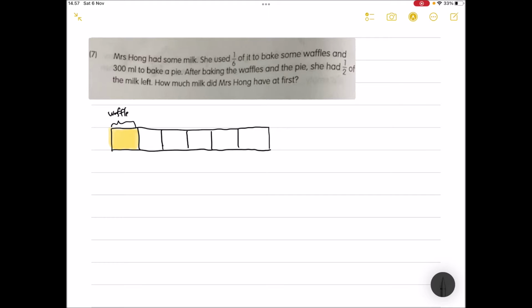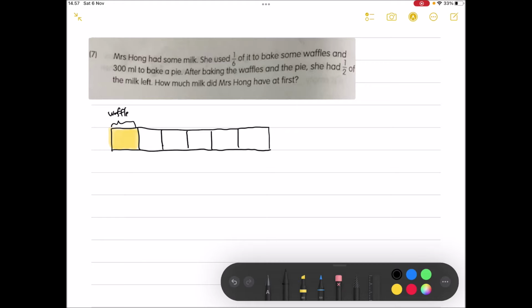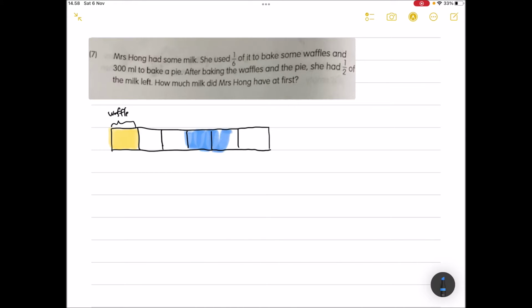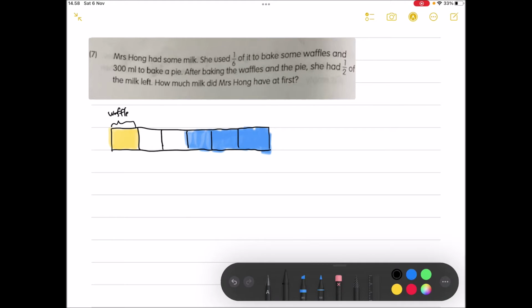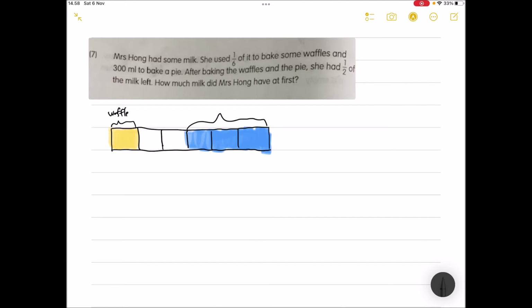She only had half left, which is the 3 here. This is what's left. So now it's pretty easy to assume which one is the 300 milliliters. So we know that 300 milliliters is the 2 units.